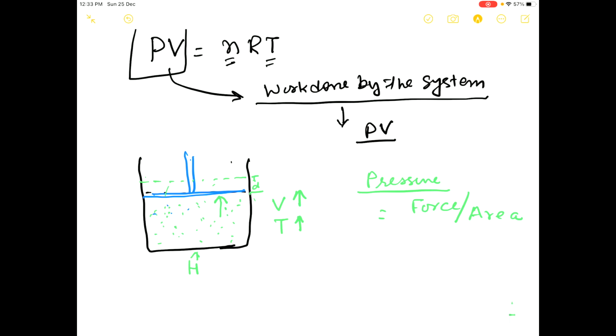And what is volume? PV, force divided by area into volume. Volume is area into distance.